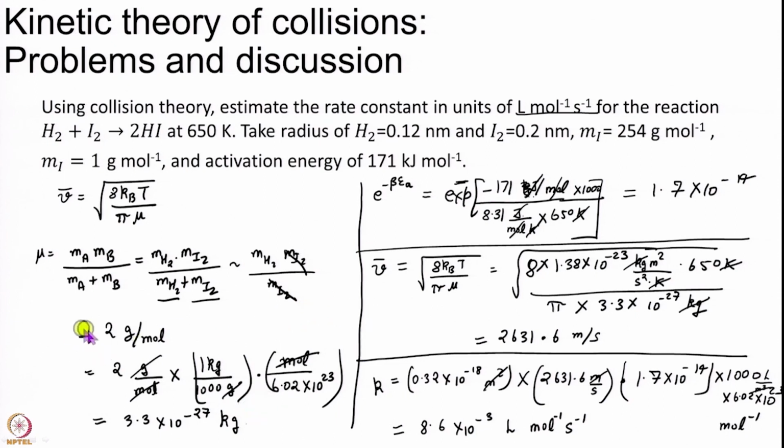Maybe I have made a mistake, maybe this is quite far. So, check whether that is right. I calculated nu, and finally I calculated e to the power of minus beta Ea here, and then I plugged all of this in, and for units I use 1000 into Avogadro number. Okay. I plug every number in, I have a calculator with me, I had plugged all those and I get this number. Okay.